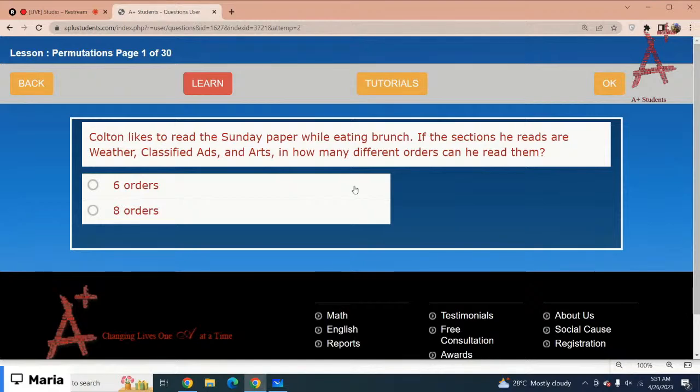So it would be 6 orders. Got it? So the correct option is 6 orders.